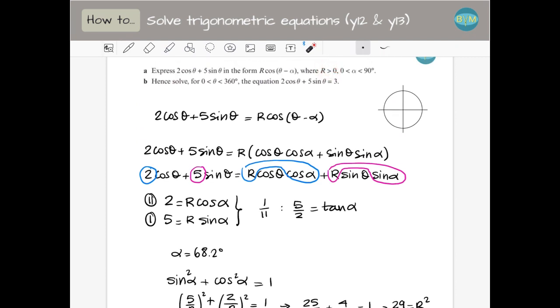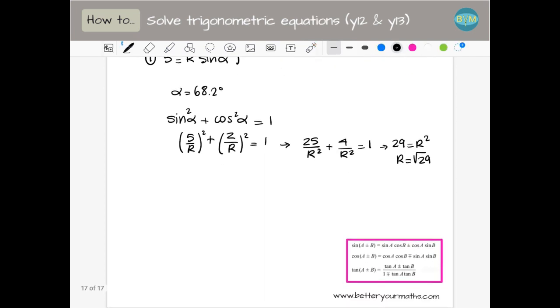That means that this expression here can be written as r cos of theta minus alpha. So really I can write root 29 cos of theta minus alpha. That was 68.2 degrees. So my expression is really this one.